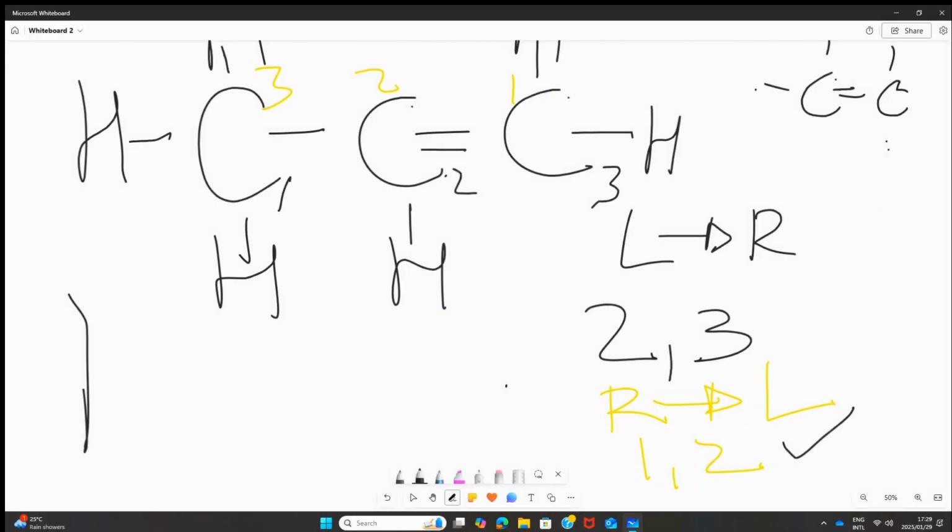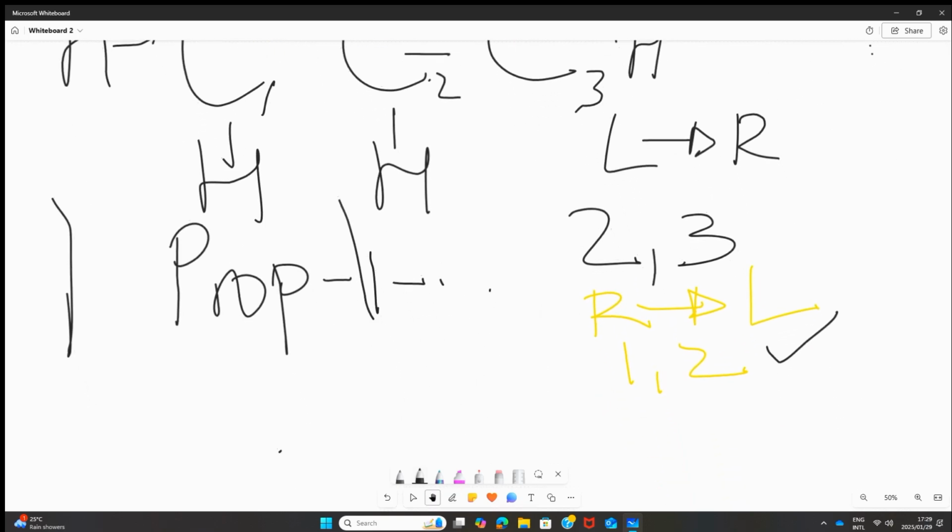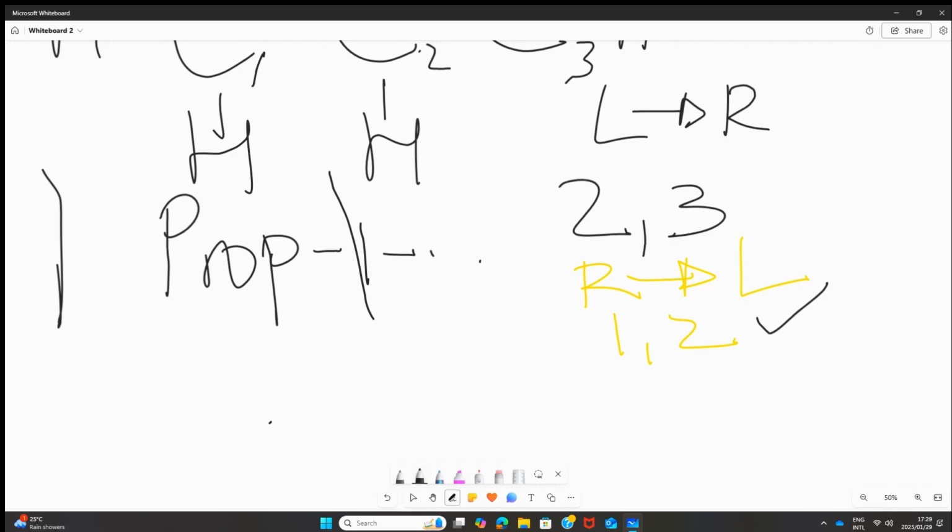So 3 carbon atoms would be prop. Then the double bond is between carbon number 1 and 2, so it will be prop-1-ene.